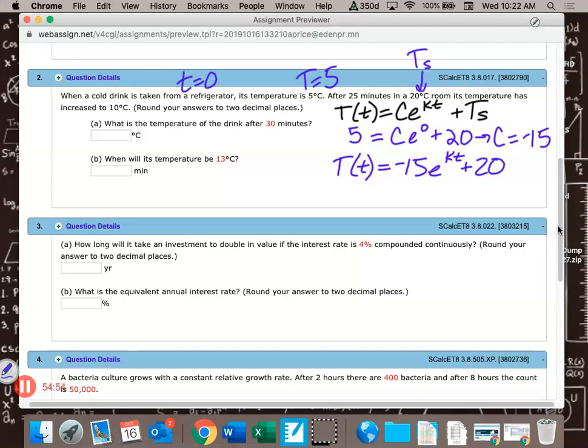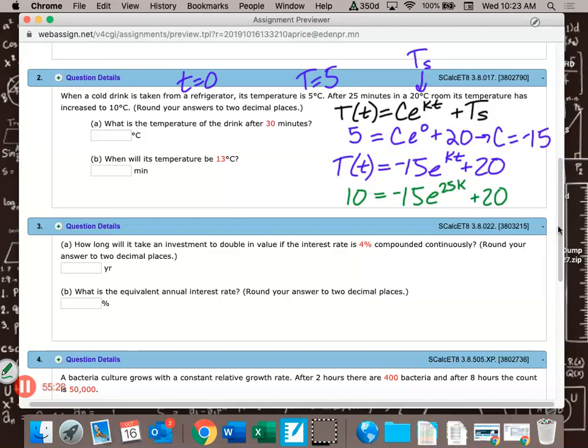That's based on our first point. We still don't know our k, our rate. After 25 minutes, the temperature is 10 degrees, so we plug in 10 for our temperature and 25 for our time. What would you do first? Subtract the 20.